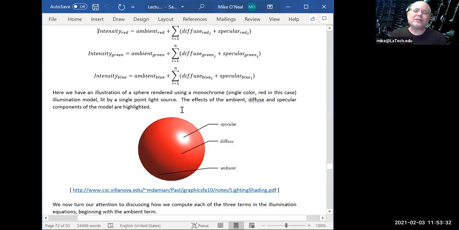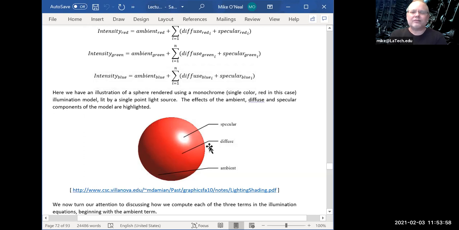Okay. So what does all this look like? I've given you the equations, but what does it look like? Here's a sphere, right? And it's a red sphere that is lit by one point light source. And they're mapping out here the various parts of the color. The highlight would be generated by the specular part of the equation.